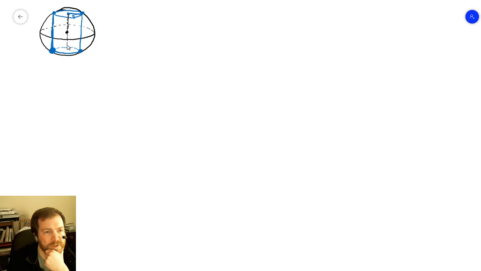Actual height of the cylinder is going to be down to here, but radius of the sphere is going to be out to there. And functionally speaking, we could cut this into just doing a hemisphere and half of the cylinder, because it's all symmetric.